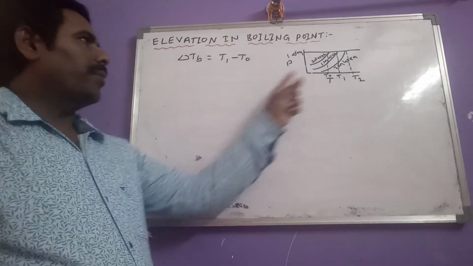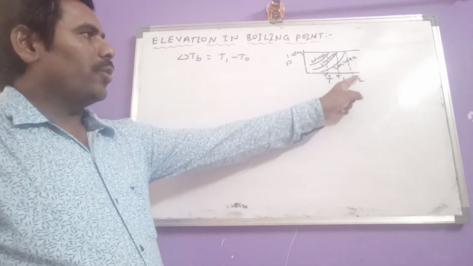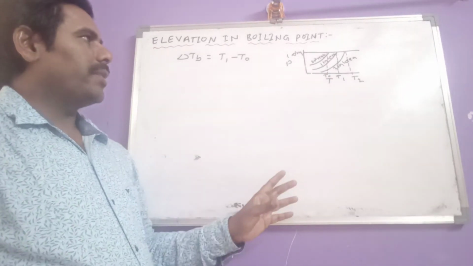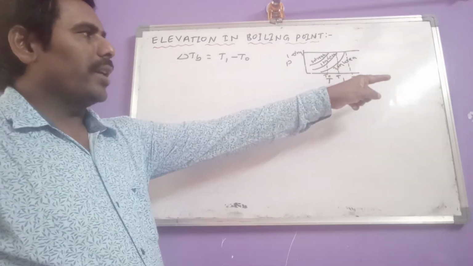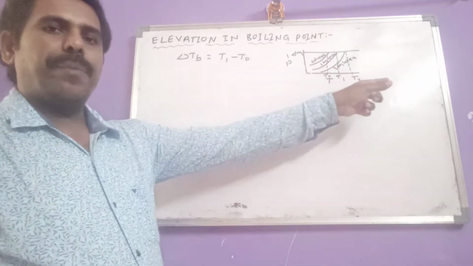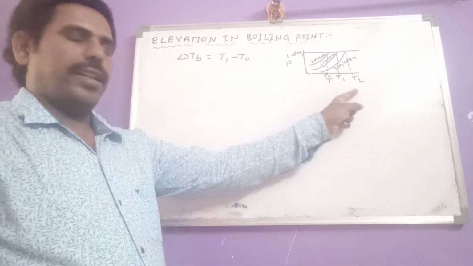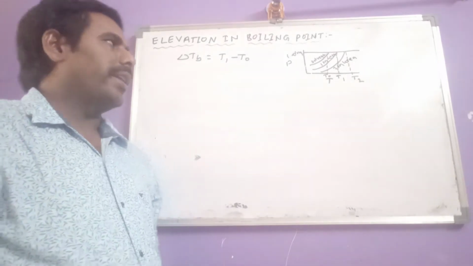So from this graph it is clear that T2 is greater than T1 and T1 is greater than T0. That means as the concentration of the solution increases, the boiling point value also increases.